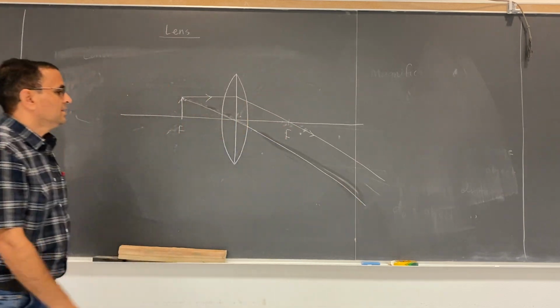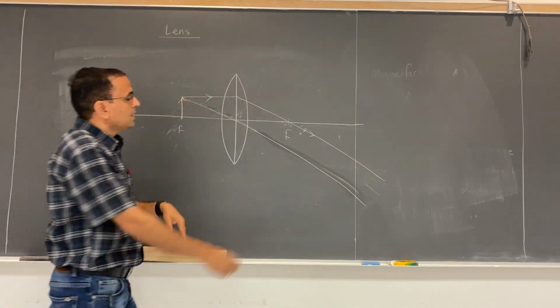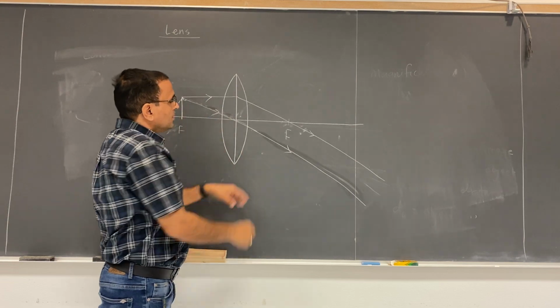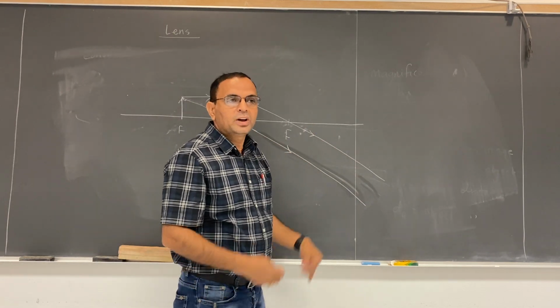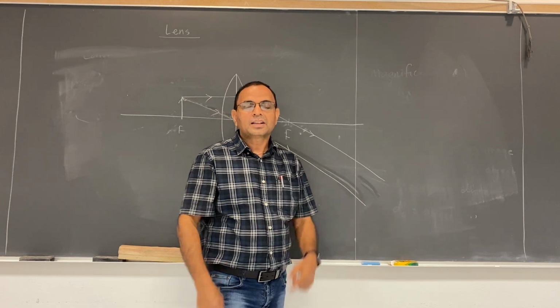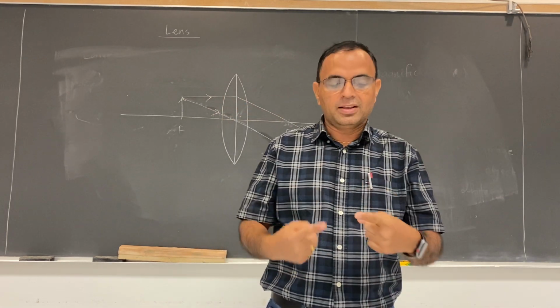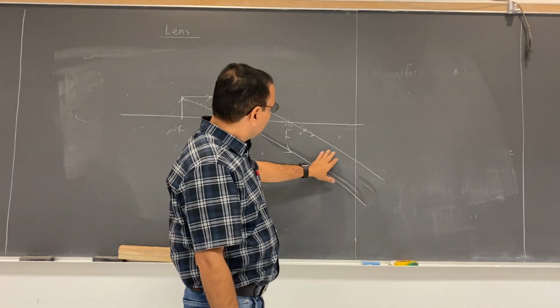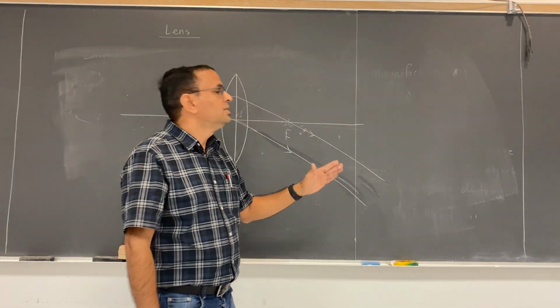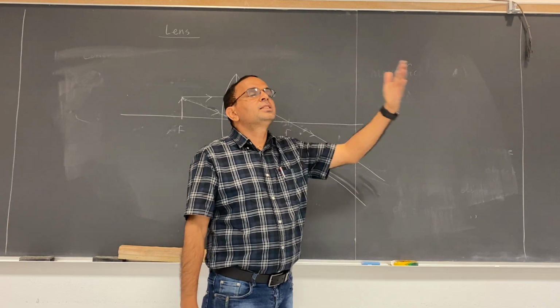Okay, look at this. These two refracted rays are parallel. Where do they meet? I told you that to form an image, two rays must intersect. But look, they are parallel. So we consider that these two rays meet at infinity.